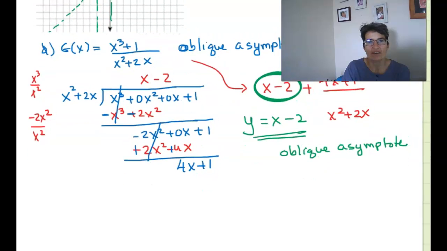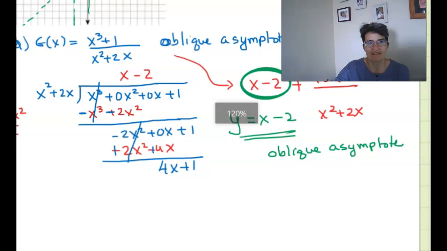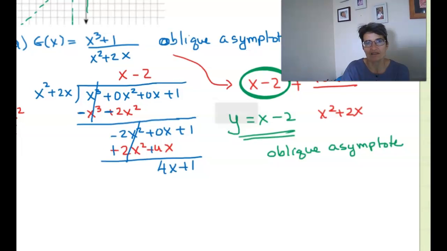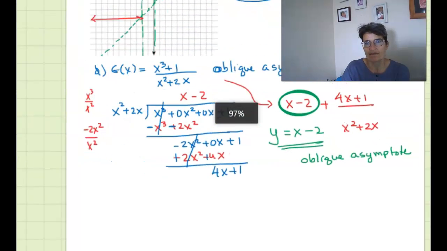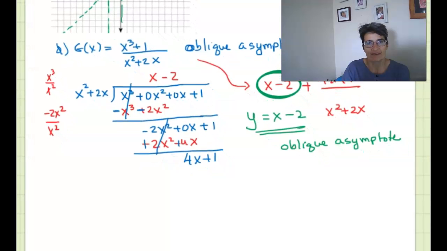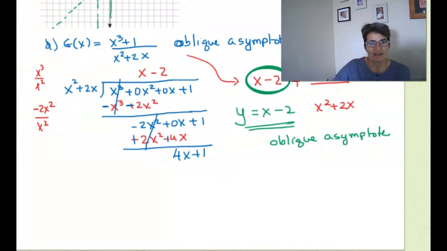So my function is right here. We're going to plug into that. So g at -3 gives me -3 cubed plus 1 over -3 squared plus 2 times -3.